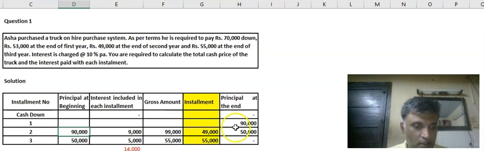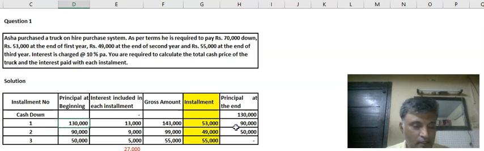Then we are again working back with 90,000. The first installment is 53,000, so let's put 53,000 there. Adding these, it's 1,43,000. What is the interest on this? 143 into 10 by 110 gives you 13,000. And obviously the principal has to be 1,30,000.